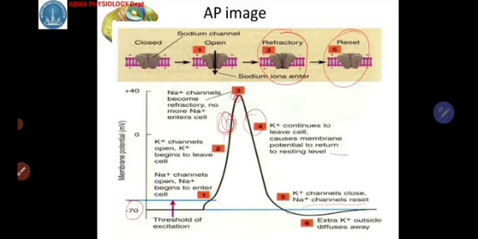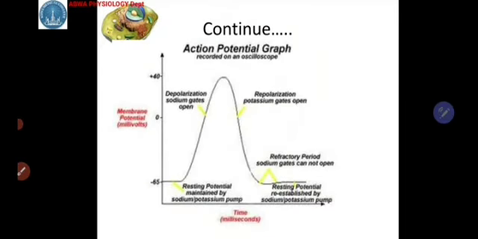This extra potassium causes this line below the resting membrane potential, making it more negative, say minus 80. The potassium ions that moved outside will diffuse away.